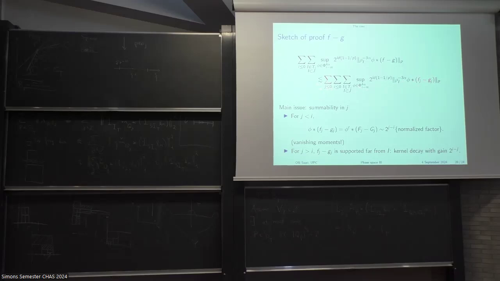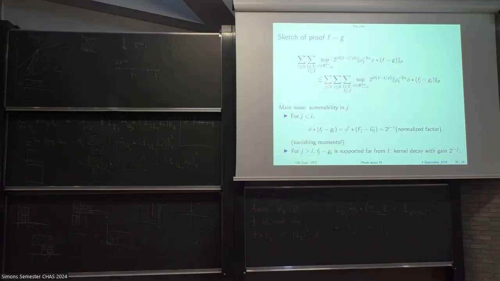So J is the scale parameter from the construction of the phase plane projection. And now if J is smaller than I, so we are having smaller intervals than the length of the tile to which we are projecting, we can do integration by parts.